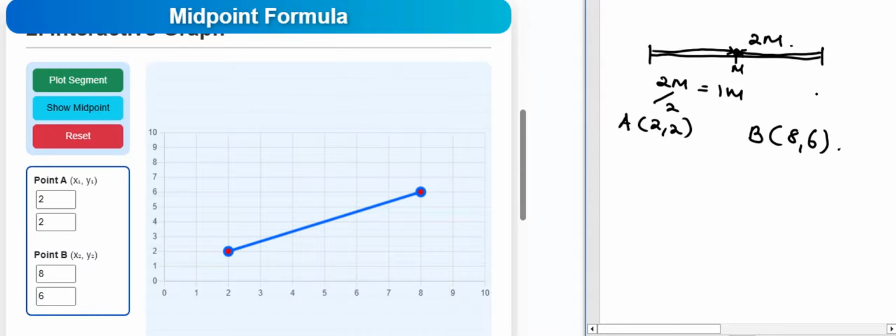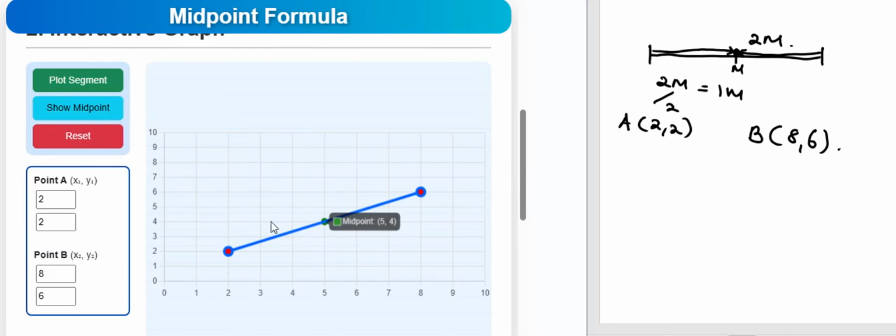So you see now I have the 2 points of the line. But now if I want to find the midpoint of this line, let me show you the midpoint. This is the midpoint. The midpoint is at 5, 4. And this midpoint is where the line is divided into 2 equal parts.